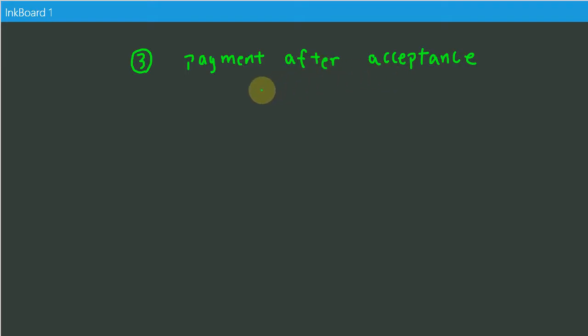Payment after acceptance is similar to DA, documents against acceptance. This is the European type. The difference, this is similar, it's not the same.